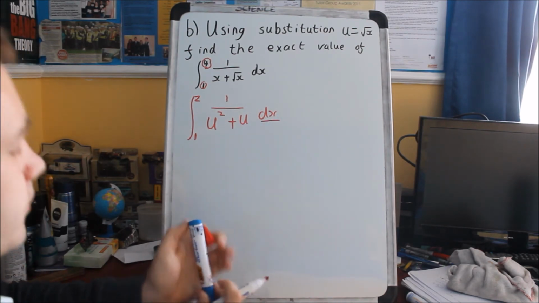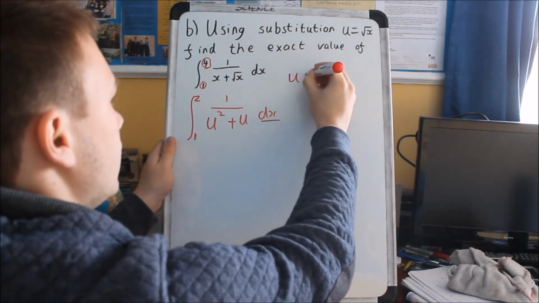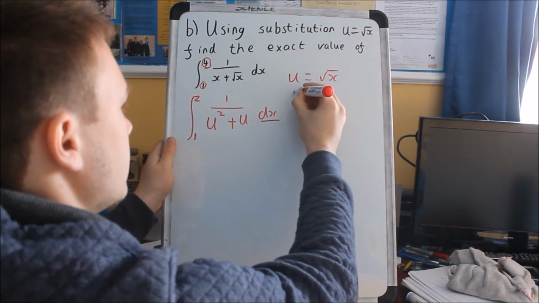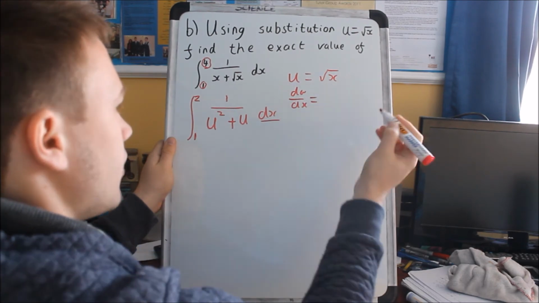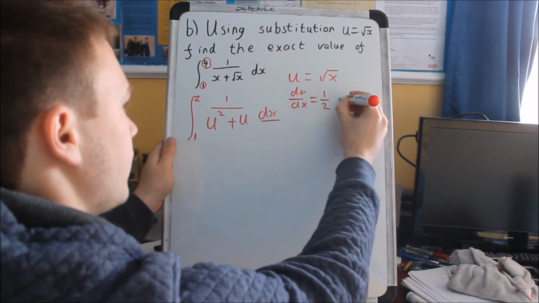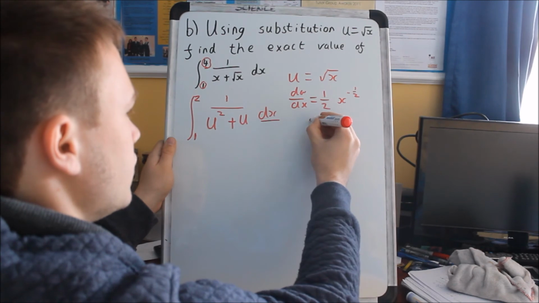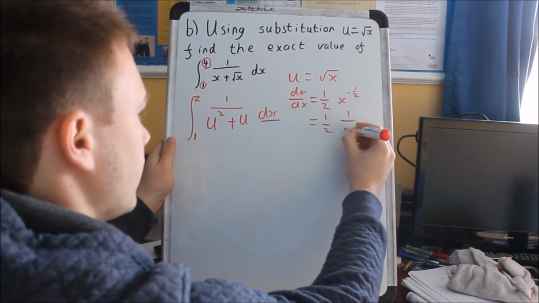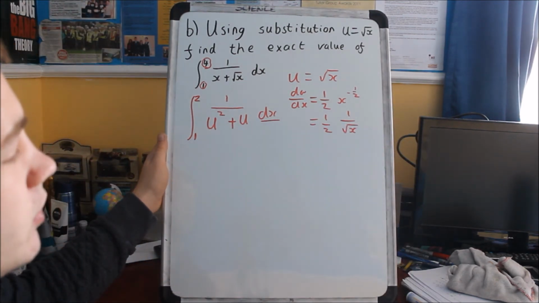So u equals root x, so du by dx, differentiating this root x from core 1, because x is to the half, we times by the half, a half x to the minus a half, which you should know is the same as a half times 1 over root x, or 1 over 2 root x.